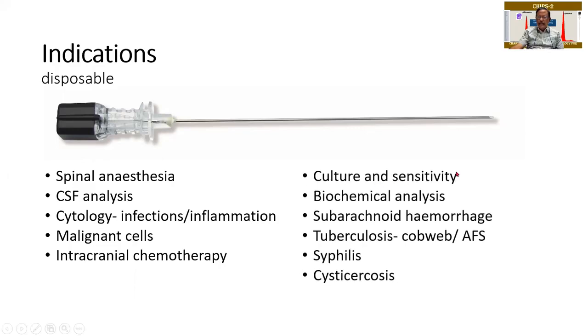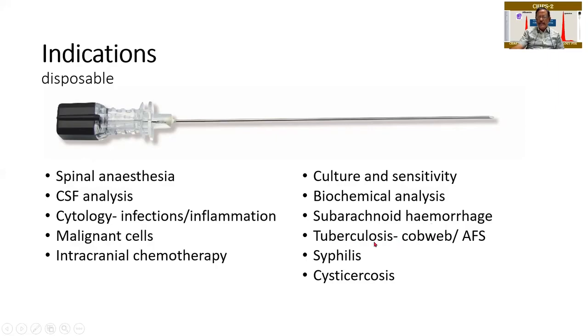Microbiology, the material is needed for culture and sensitivity. That is why the CSF should be collected in 3 different containers and sent to the concerned departments. Biochemical analysis, the sugar, the chloride, etc., all need to be analyzed. Sometimes to rule out a subarachnoid hemorrhage, the moment you put on a needle, you get blood. That means the patient is having a hemorrhage.